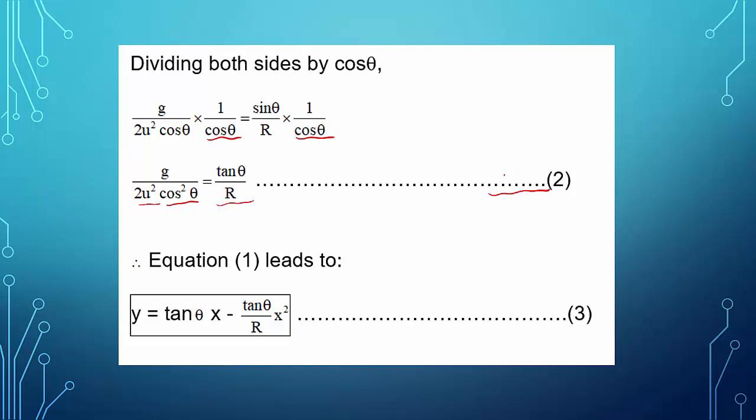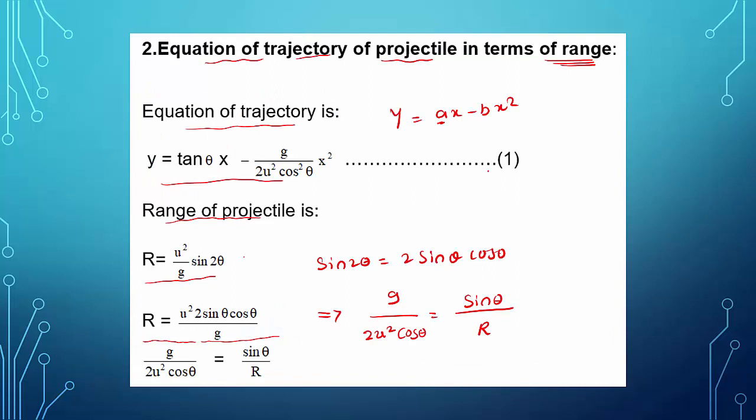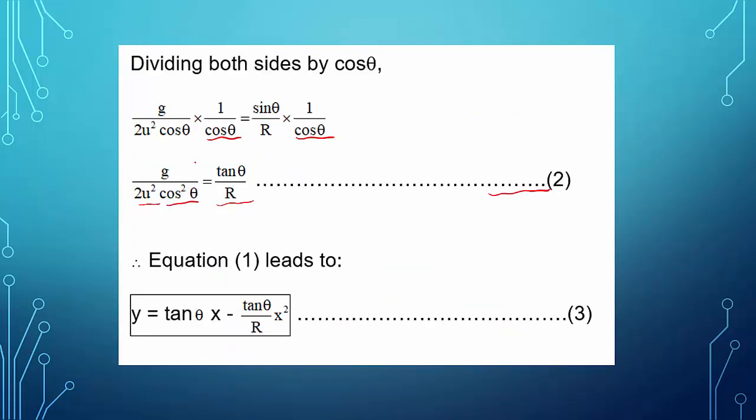Is it clear? Now this is equation 2. You can observe equation 1. G divided by this term b equal to what? G divided by 2u square cos square theta. In equation 1 you observed. Now you can observe equation 2. G divided by 2u square cos square theta, both are same. So in place of g by 2u square cos square theta, I am going to write tan theta divided by r. See here, the equation 1 is y equal to tan theta into x minus g divided by 2u square cos square theta into x square.